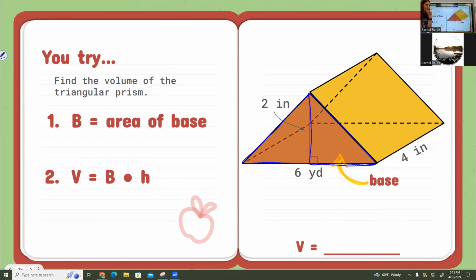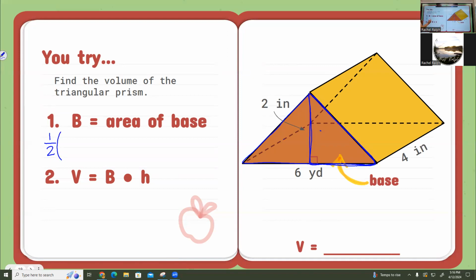And let's take a look at this one. So first off, we need to find the area of our base. We need to find that right triangle. Now we only know this, we can easily find this part, right? And both sides are going to be the same. So here on this side, the area of our base is 1/2 of our base times our height.